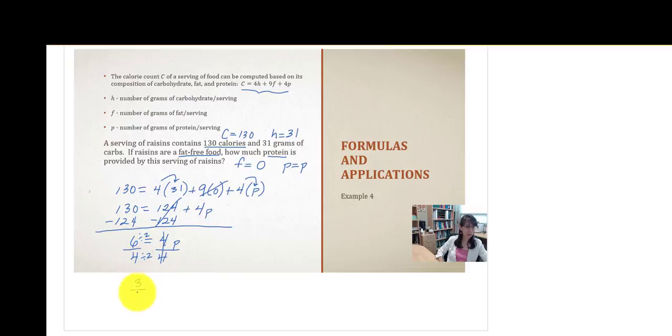And 4 divided by 2 is 2. Now, if you leave the answer as 3/2, remember it is in grams, so you might find it more useful to take 3 divided by 2 to get P, or protein, equals 1.5 grams of protein.